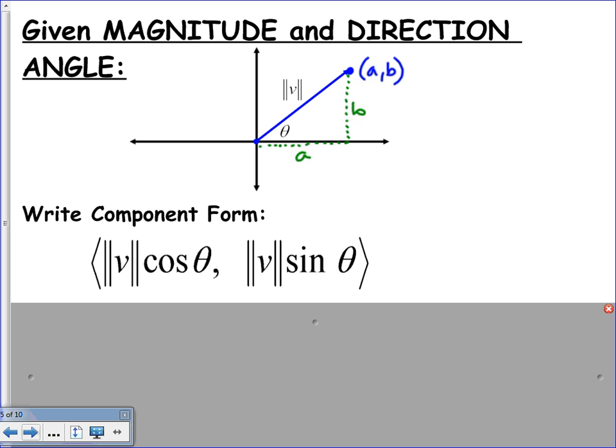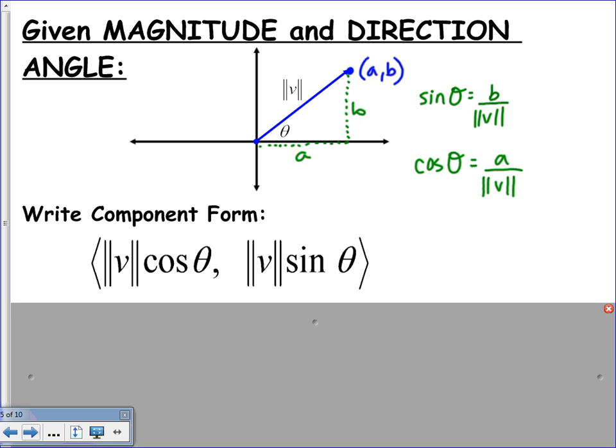What we know from trigonometry is the sine of theta is equal to B over the magnitude of v, opposite over hypotenuse. We also know the cosine of theta is equal to A divided by the magnitude of v, adjacent over hypotenuse.